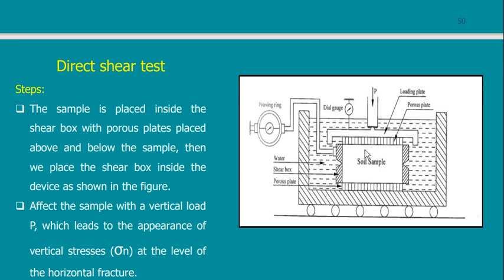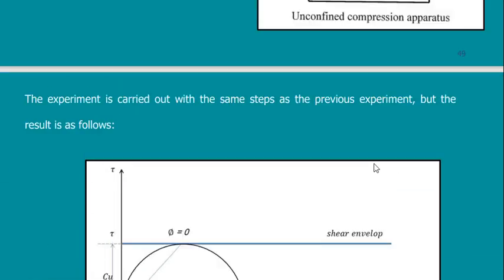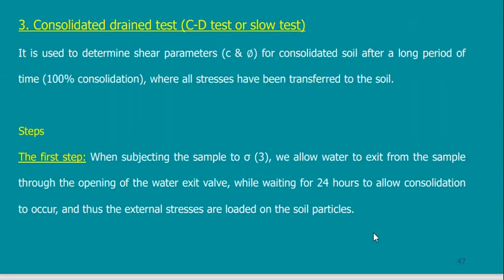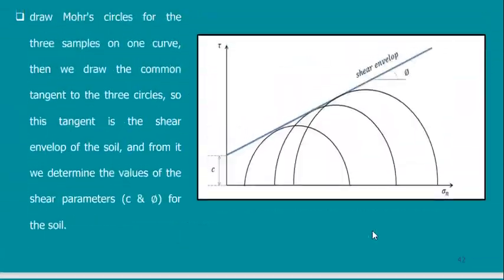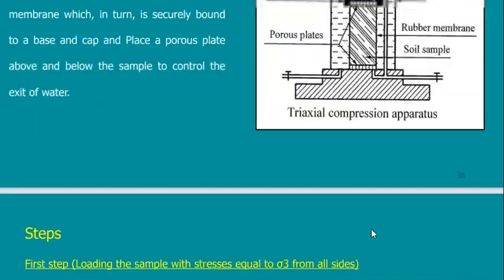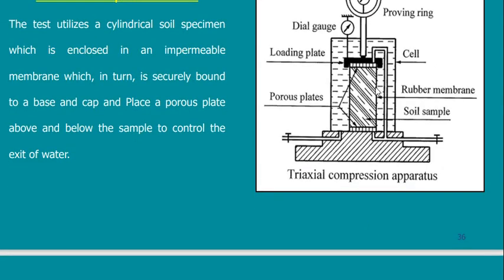What I want to stress on, because this is really something that you may not hear in many places: I don't like the direct shear test. Why don't I like the direct shear test? Because in the triaxial test, I was pushing the sample and leaving the sample to choose which plane is the one that causes failure.